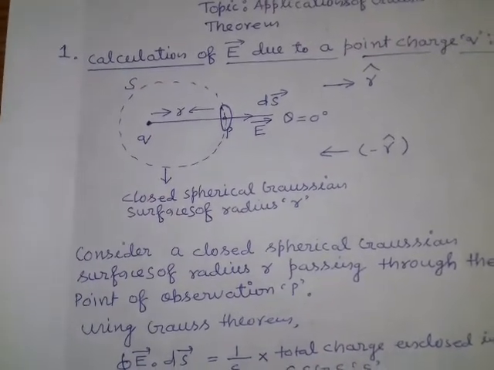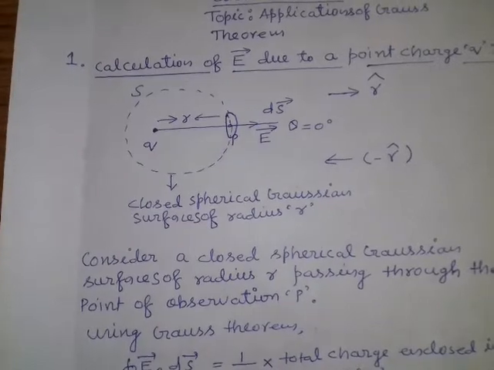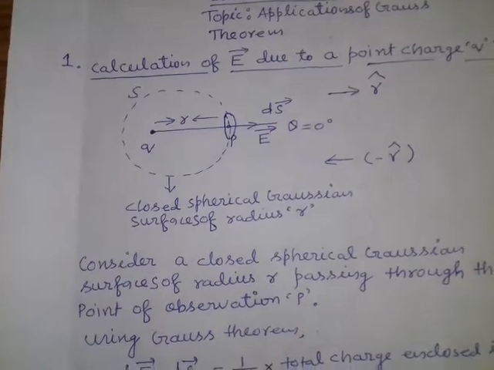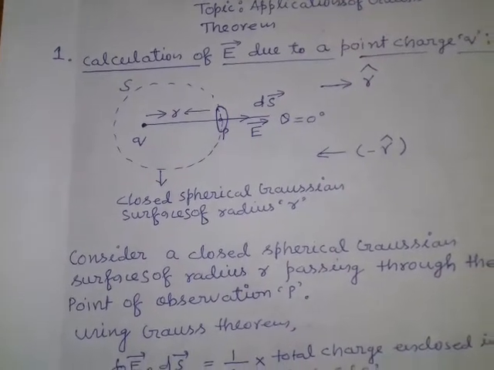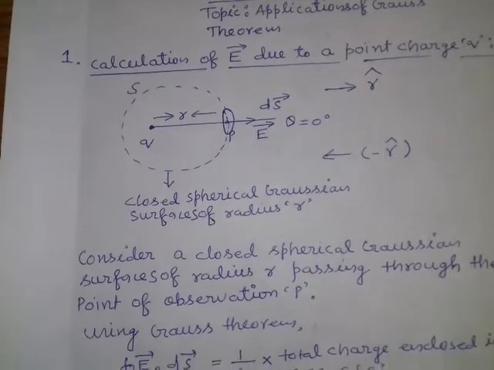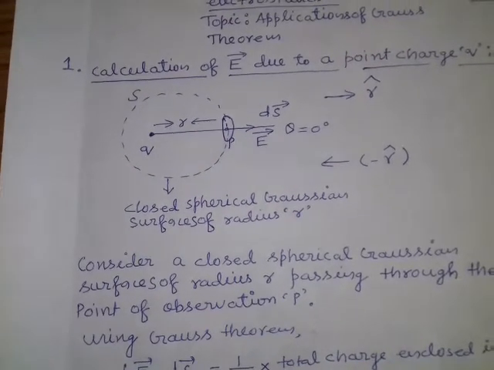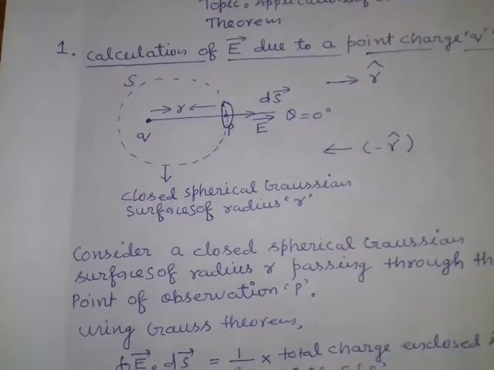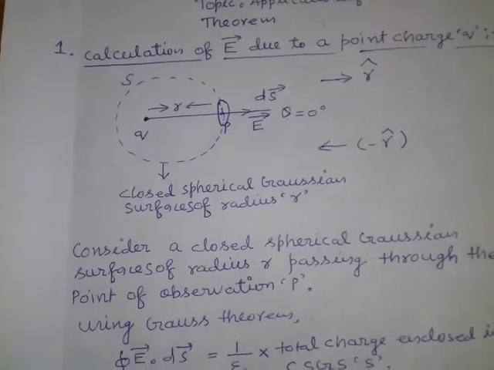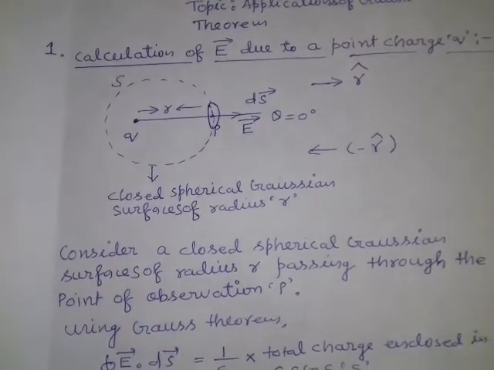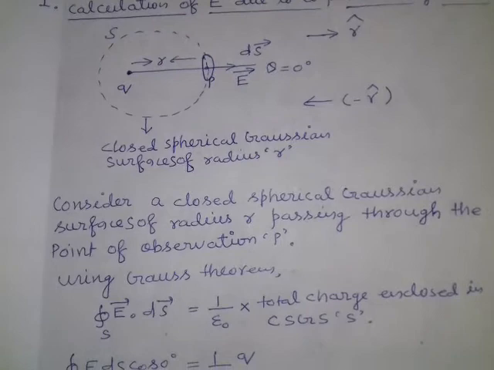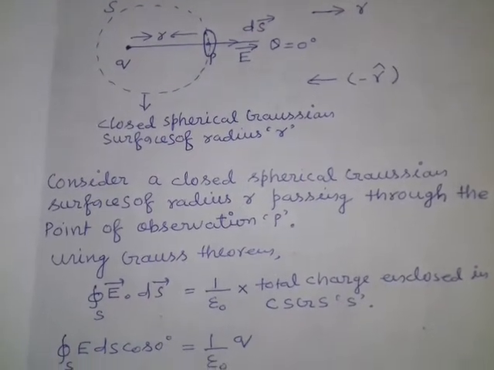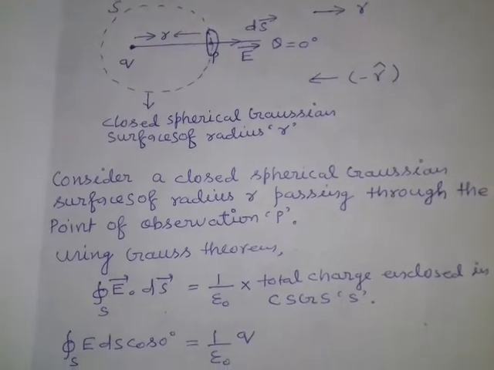For that purpose, you will consider that your closed spherical Gaussian surface must have the radius equal to the separation small r between point charge Q and the point of observation.